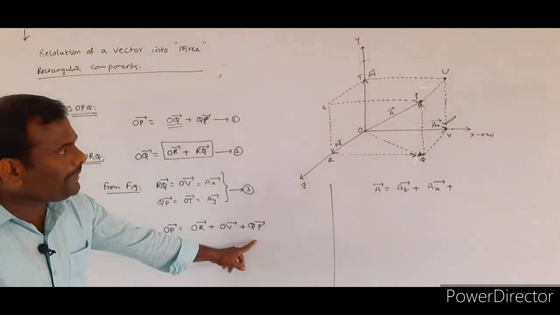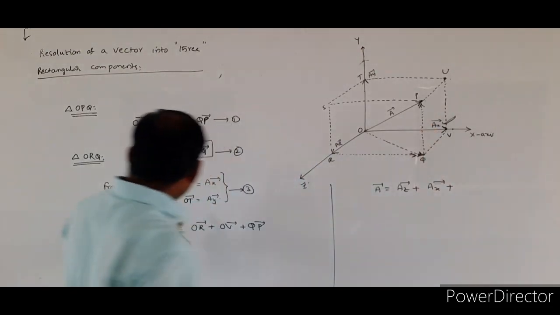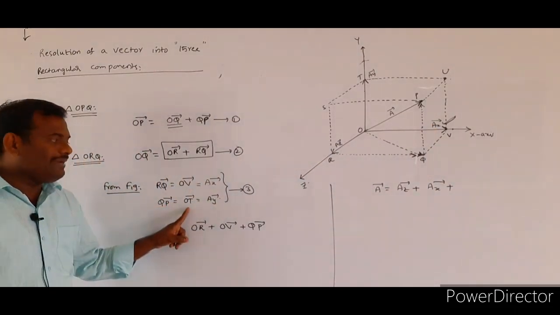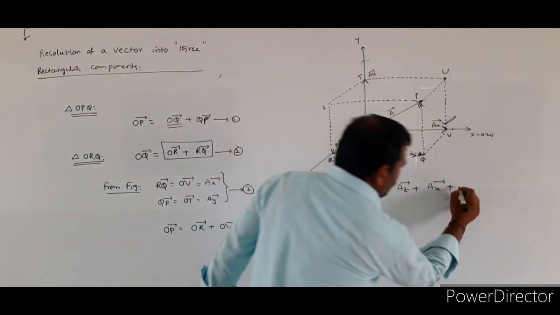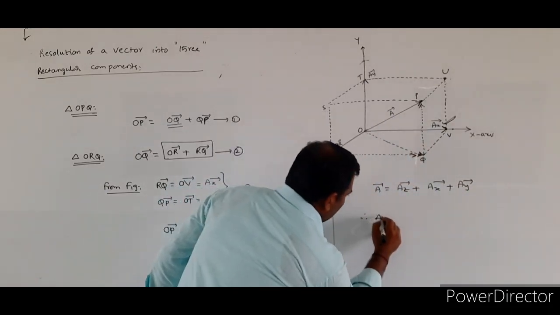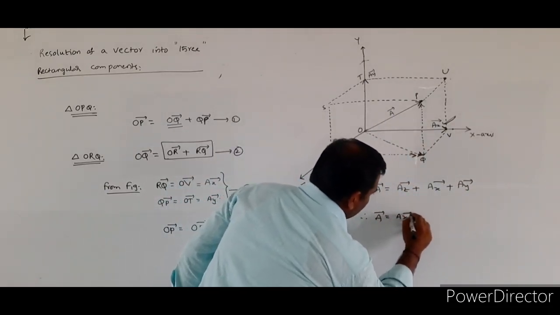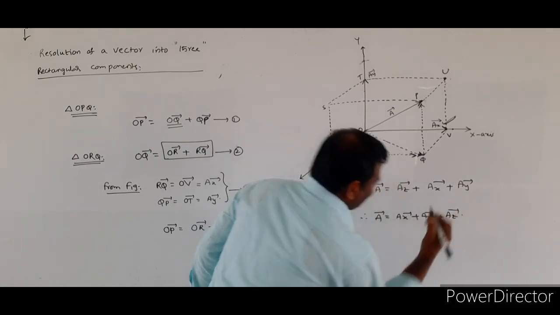Next, QP bar. QP bar is equal to, as already written, OT bar, that value is equal to AY bar. Again, A bar is equal to AX bar plus AY bar plus AZ bar.